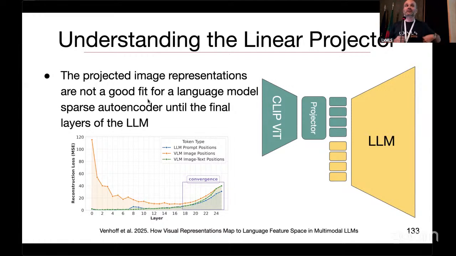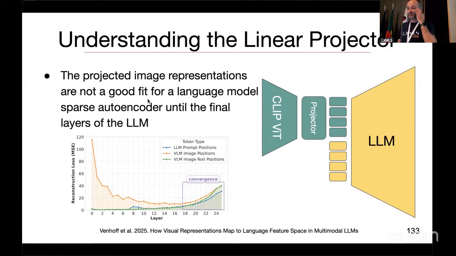So in other words, it cannot reconstruct the representation that you gave into the sparse autoencoder from that data. And it's not until you reach maybe layer 20 or further in the pre-trained LLM that it does do a good job of reconstructing the representations. And so this leads me to question whether we have the right types of connector architectures if it's taking so long for the large language model and its sparse autoencoder to produce this representation.